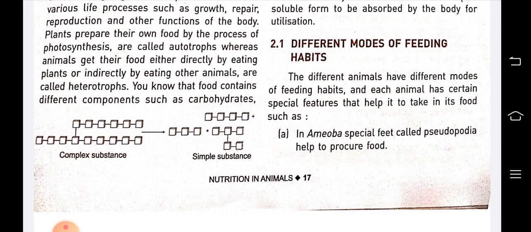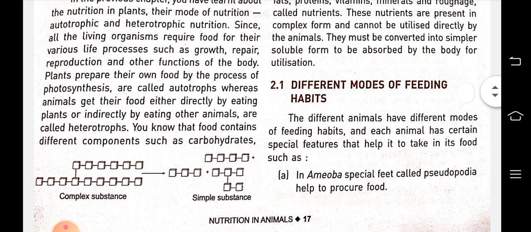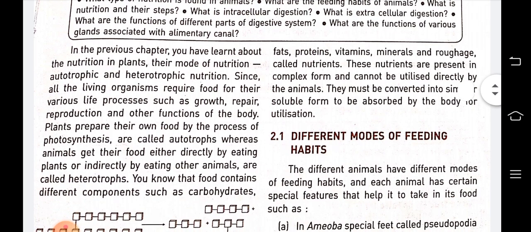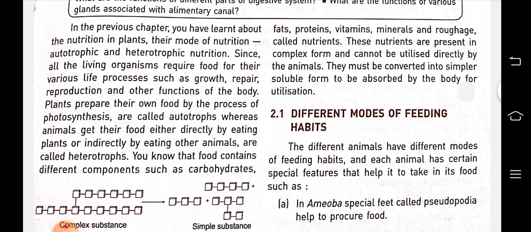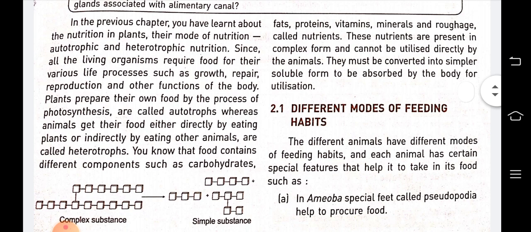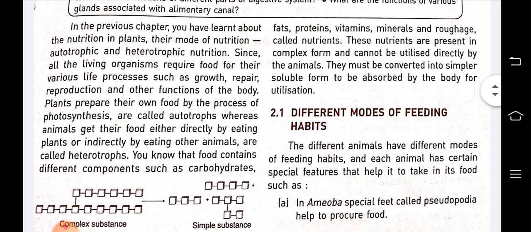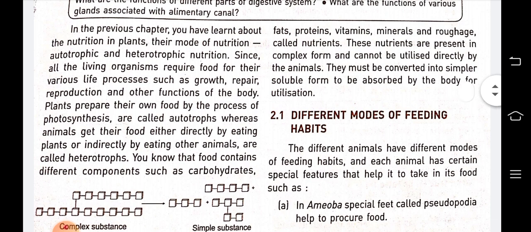So the food contains different components such as carbohydrates, proteins, vitamins, minerals and roughage, which are called nutrients. These nutrients are made up of simpler substances. Many simpler substances combine together and form these complex substances. For example, carbohydrates are made from the simple substance known as glucose.